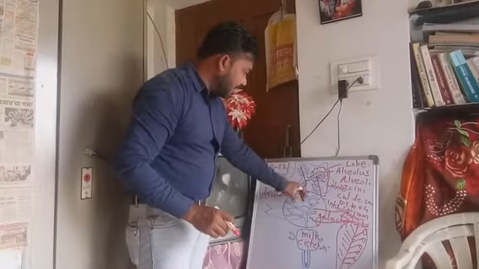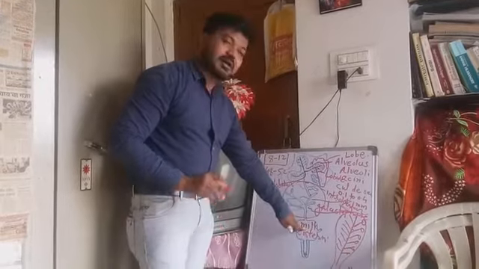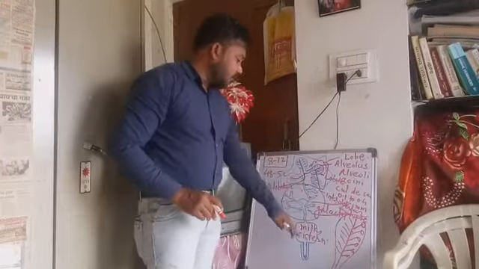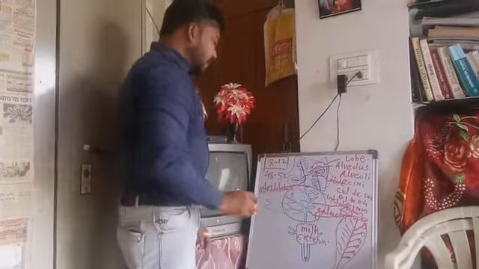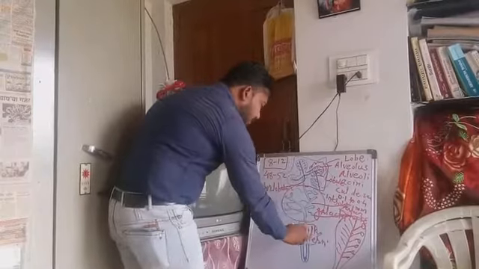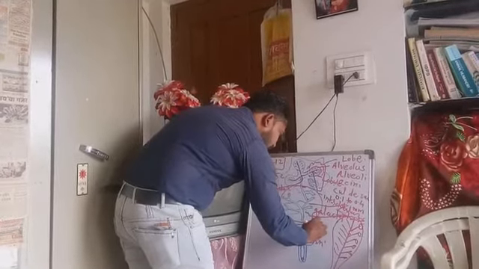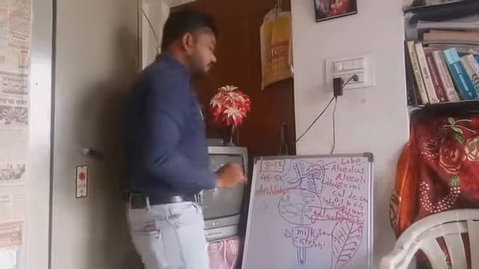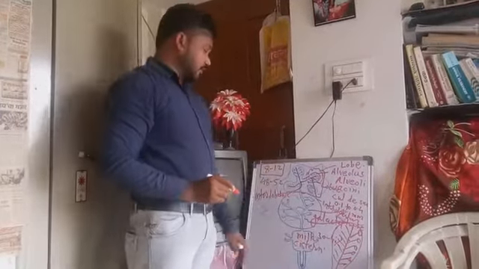So when finally this galactophore opens into the gland cistern or milk cistern, the entire quantity of milk is stored in this milk cistern. About 30 to 40% of milk is stored inside the milk cistern.